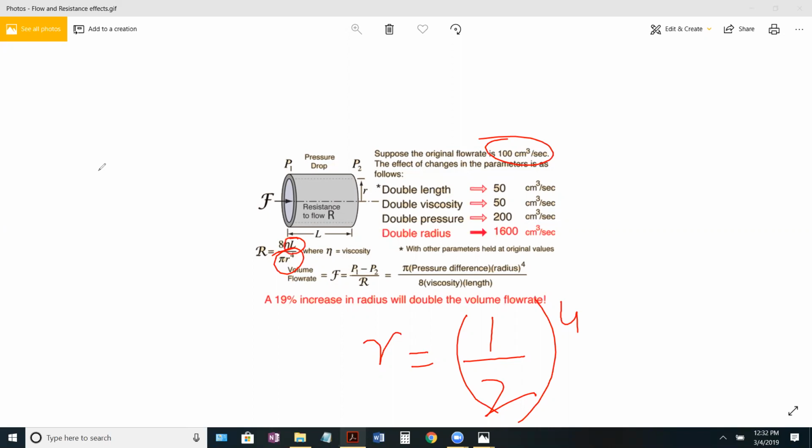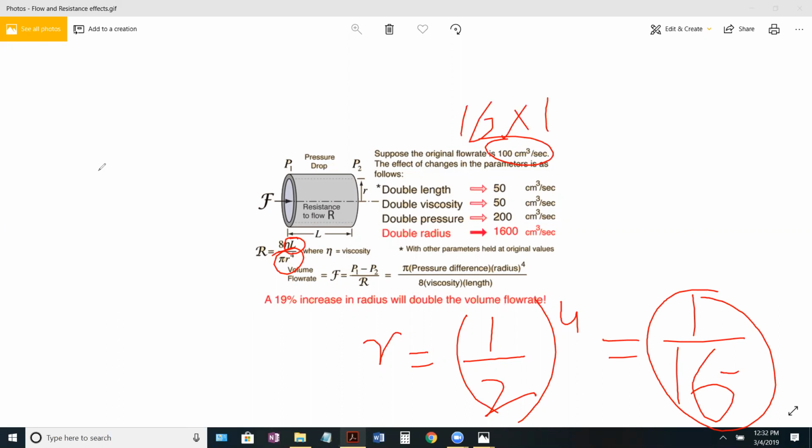Okay, so 1 by 2 to the power 4 is equal to 1 by 16. Okay, so the flow will change by 16 times. So if you multiply 16 with 100, the answer will be 1600. Any confusion?